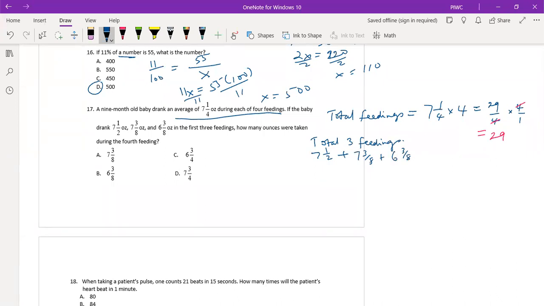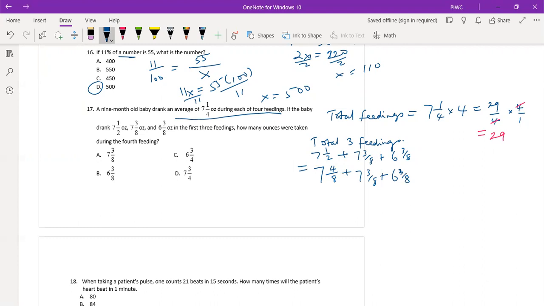Okay, you have to add all these numbers. Since we're adding, we need to have the LCD, the common denominator. LCD here will be 8, right? This is times 4 to get 8. So I'll multiply this by 4 as well. So 7 3/8 plus 6 3/8.